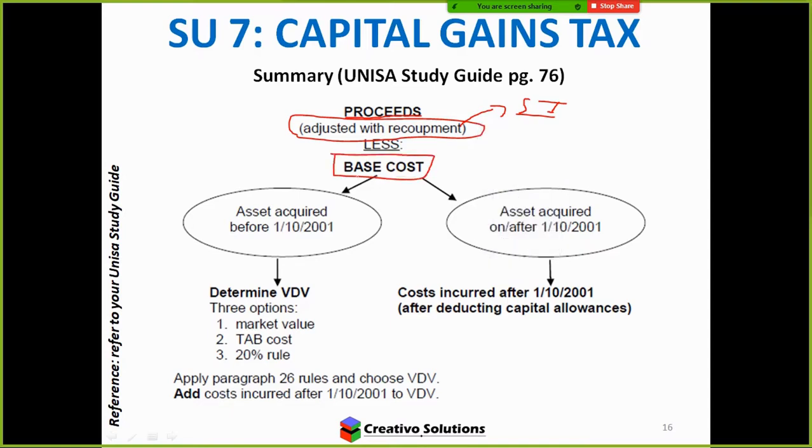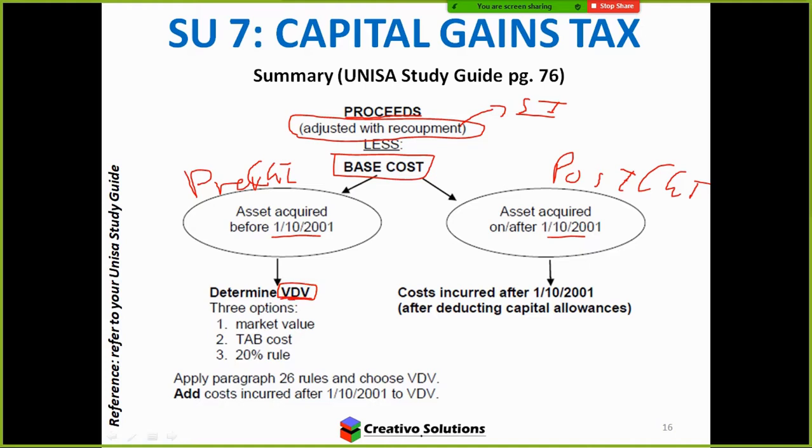This base cost will be calculated either pre-CGT or post-CGT. If it's post-CGT, it's after 1st October 2001. If it's before CGT, it's before 1st October 2001. If it's before, then you've got to work out the valuation date value.